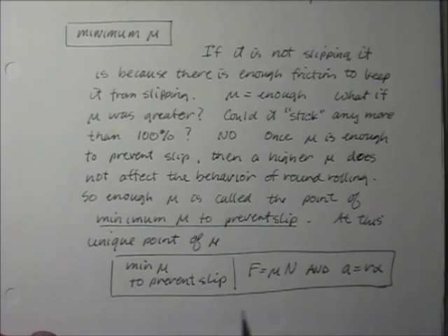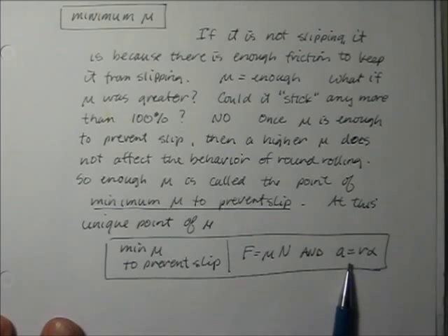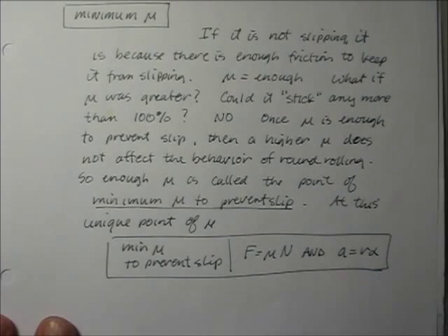And at that unique spot, the force of friction is equal to mu normal and A equals R alpha. Now these two relationships only apply at that one point, the one value of mu: the minimum mu to prevent slip.